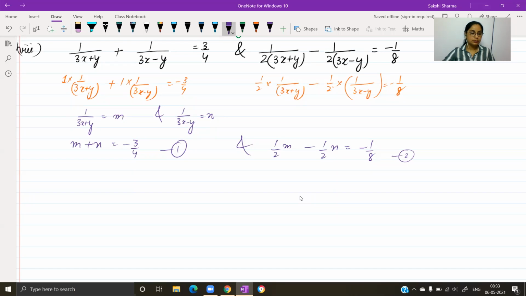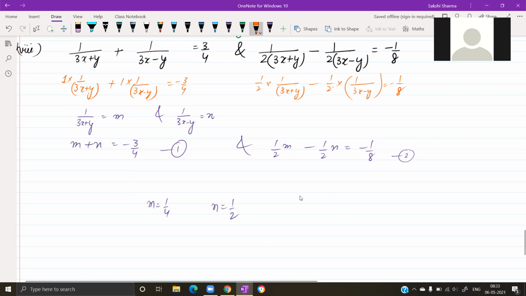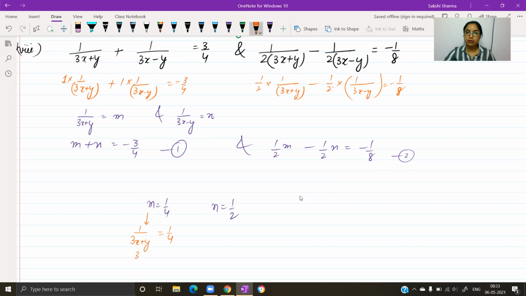What are the values? M is 1 by 4, N is 1 by 2. Kindly check, is this the answer for everyone? Yes, ma'am. Now m is representing 1 over 3x plus y. The value comes out to be 1 by 4. The new equation is 3x plus y equals 4.